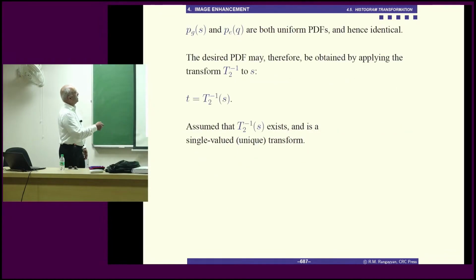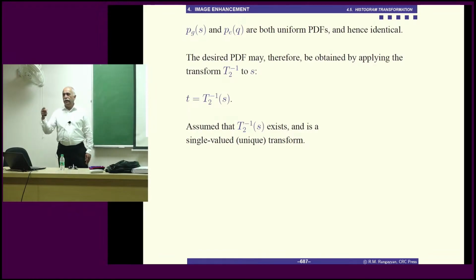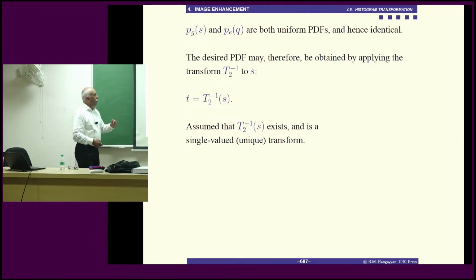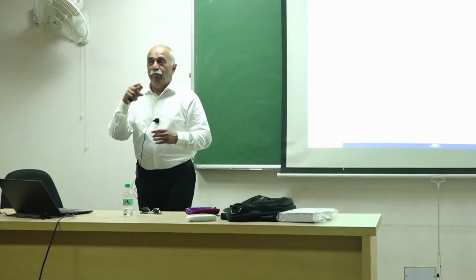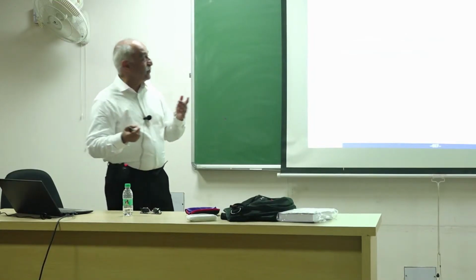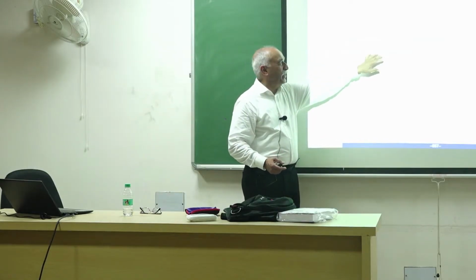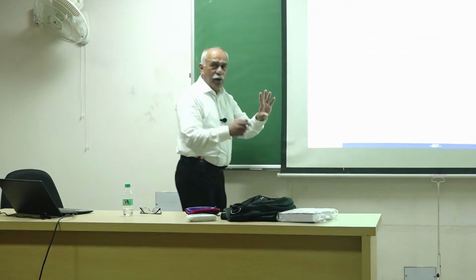Now this PG(S) and PE(Q) are both uniform PDFs and they're identical. So the desired PDF may be obtained by applying T2 inverse to S. You have two transforms, T1(R) and T2, but now T2 inverse applied to S. We assume that T2 inverse exists, and that is a problem if there are many to one transformations, if there are those steps in between, and they exist. It is not a single valued or unique transform, but we will assume that is possible or approximate.